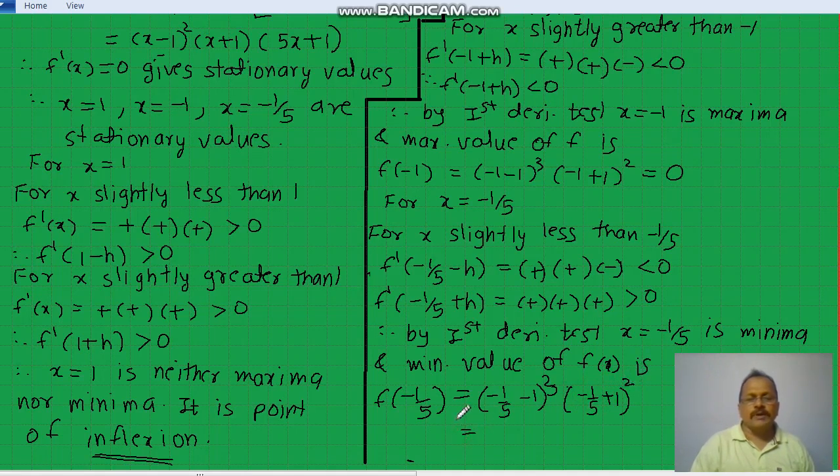It is equal to minus 3456 upon 3125. This is the end of this problem.